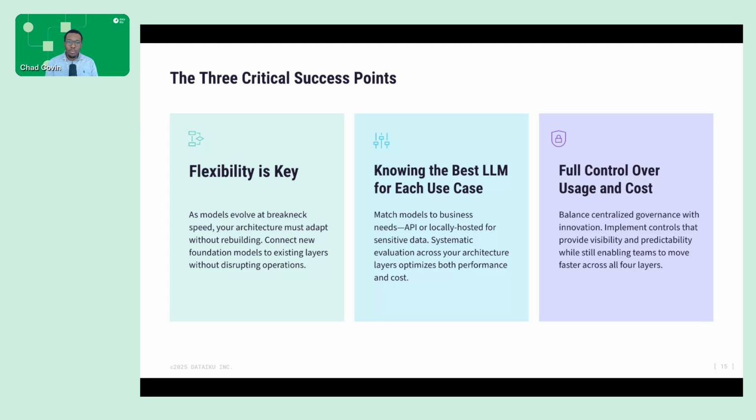Second is knowing the best LLM for each use case. This means systematically matching models to business needs, whether that's an API-based model for general tasks or a locally hosted solution for sensitive data. This approach optimizes both performance and cost across your entire architecture. Finally, maintaining full control over usage and cost balances centralized governance with innovation. The right controls provide visibility and predictability while still enabling your teams to move quickly.